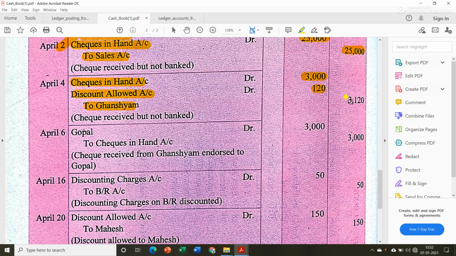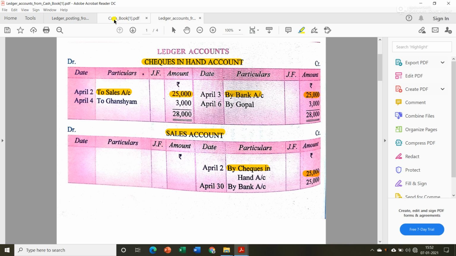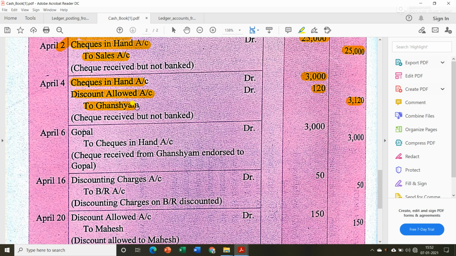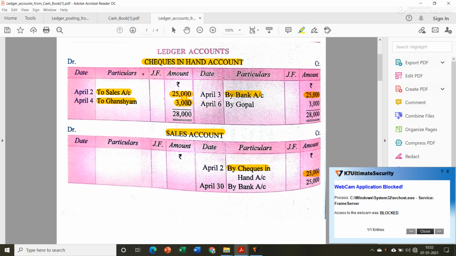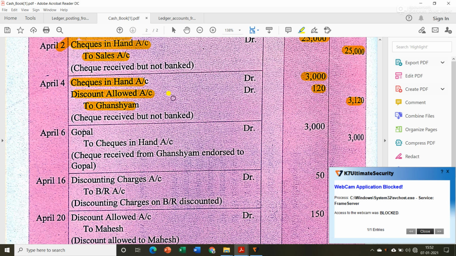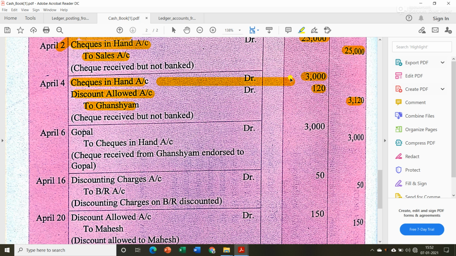Ghanshyam is the giver, rupees 3,120. So we will post in the ledger. Checks in hand account we have already prepared, so in the checks in hand ledger account we will simply write to Ghanshyam on the debit side rupees 3,000. Remember, we have to write only 3,000. We are not supposed to write 3,120 because in this amount 120 is for discount allowed.